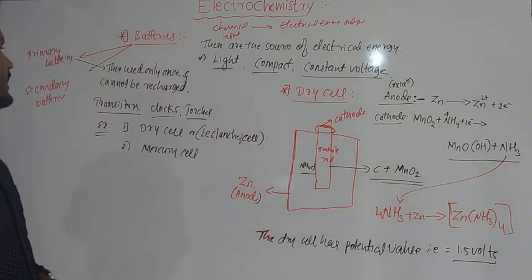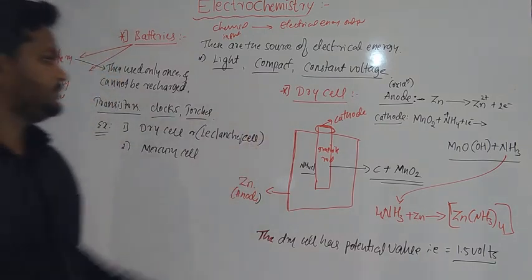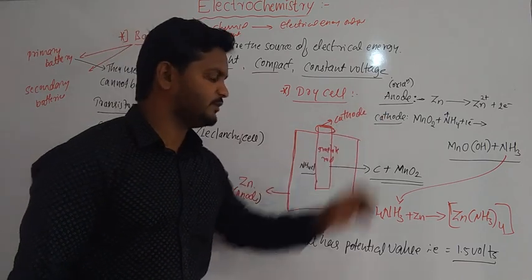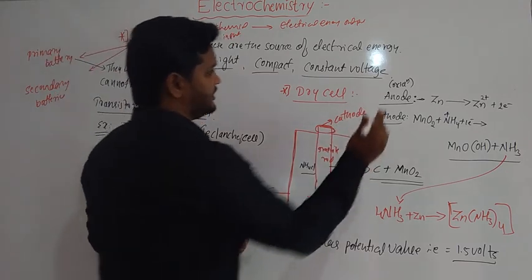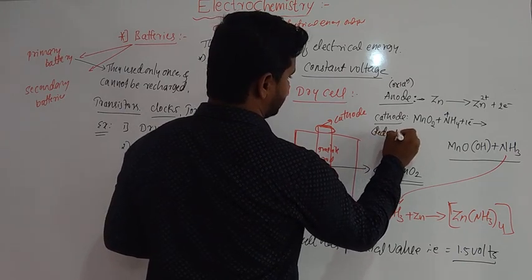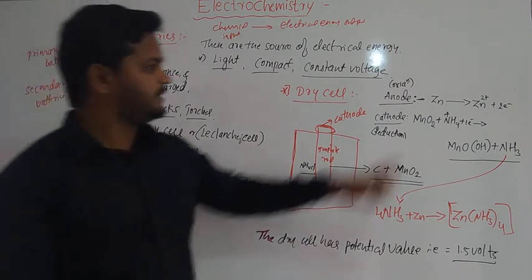So students, here it is a dry cell. It is an example for a primary battery. There are two reactions that happen here. One is an anodic reaction and the other is cathodic reaction. In anode, oxidation reaction takes place. In cathode, reduction reaction takes place. In anode, zinc loses 2 electrons and becomes Zn2+.